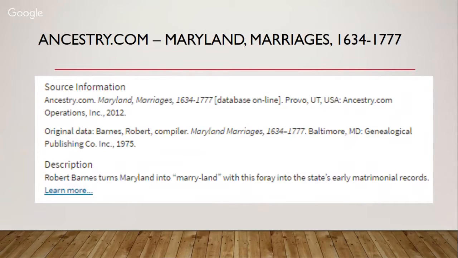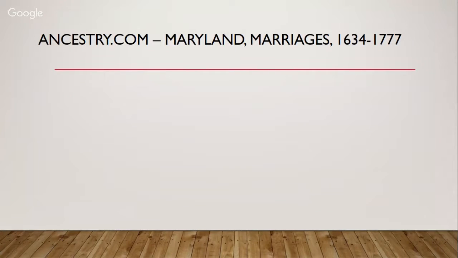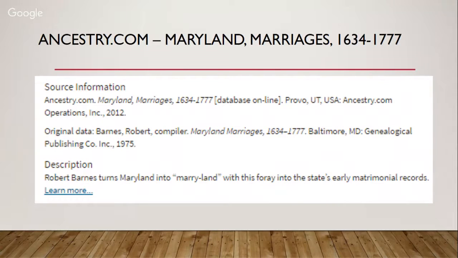Now, below that is the information that I've shared before. Oops, I went right by that. Didn't mean to do that. There are 3 sections in this one that has source information, the original data, and the description. Now, what that tells me is that Ancestry created the database from someone else's work.